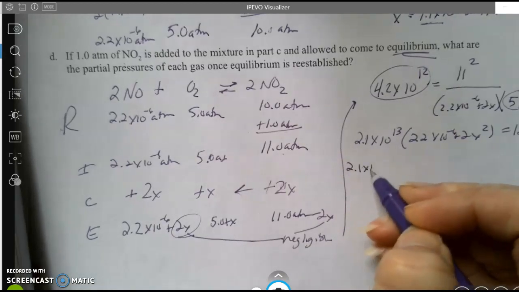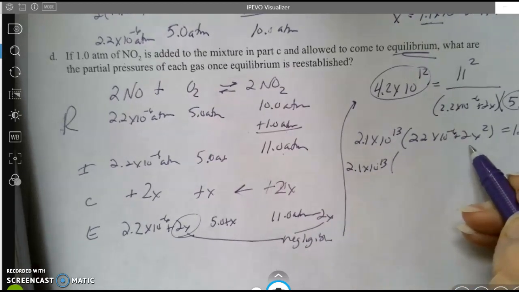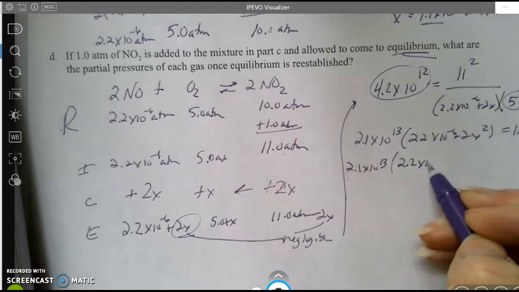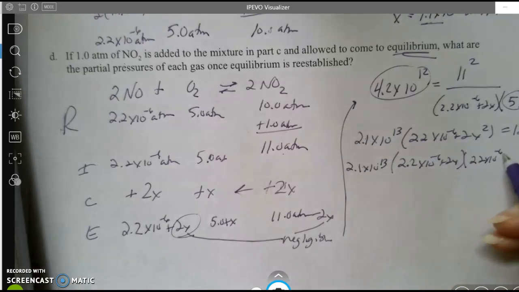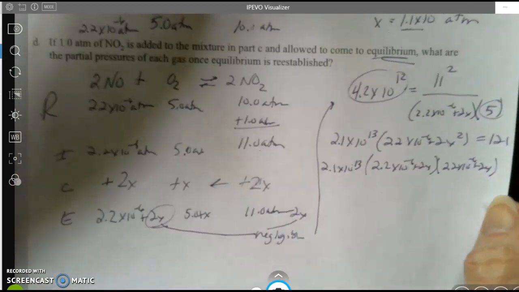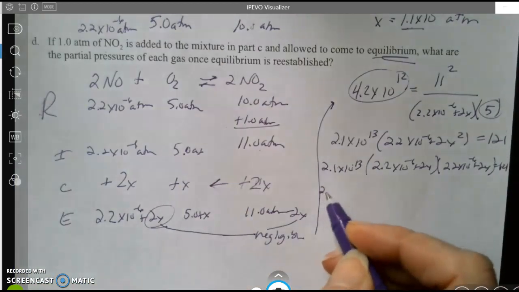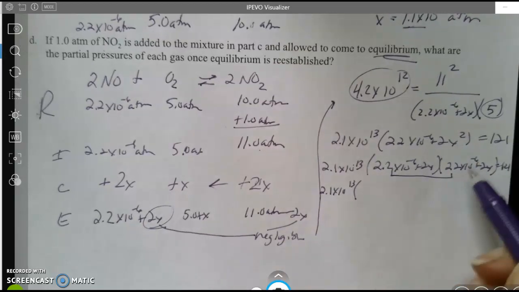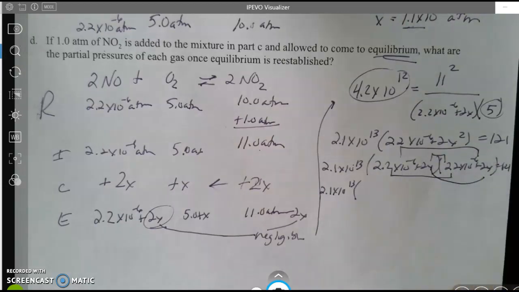Then I'm going to factor out my 2.2 times 10 to the 6th plus 2x, just to make it easier for me to put my terms together. So I'm doing this times this, these combined, and then this.